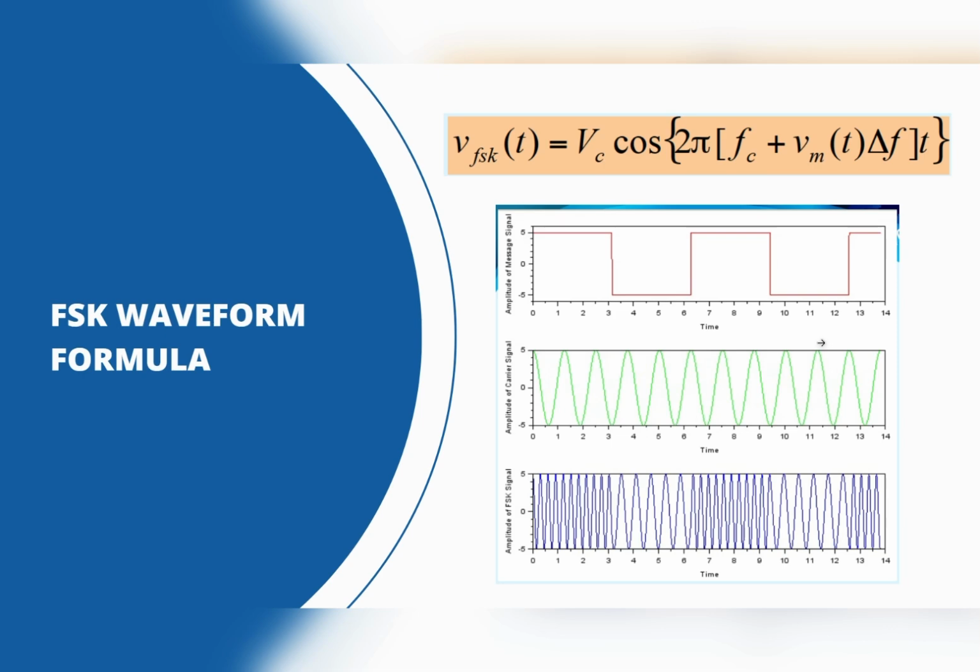VC is the carrier voltage, which is the amplitude of the carrier signal, FC is the frequency of the carrier signal, VM is the amplitude of the message or modulating signal, and delta F is the deviation frequency, which will be explained in the next slide.